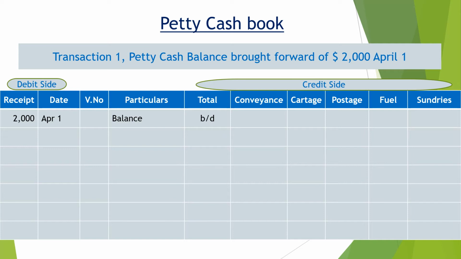In the total, we say BD, that means the balance brought down. In petty cash books, regular accounts are opened column-wise. The accounts can be more than shown in the example. When a rare sort of expenses occur, where there is no allotted column, they are put in sundries expense.